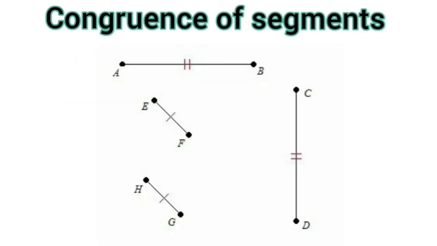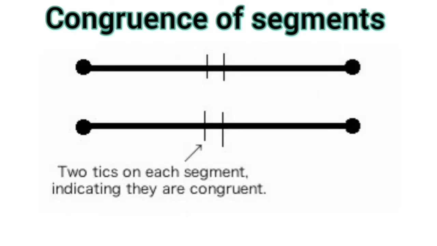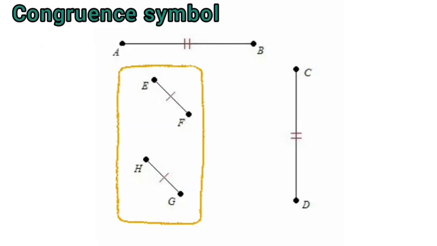Congruence of segments can be shown by a symbol of tick marks on the segments. It can be 1 tick, 2 ticks or more, but the number of tick marks should be the same in both the segments. Same number of tick marks on the two segments are said to be congruent.